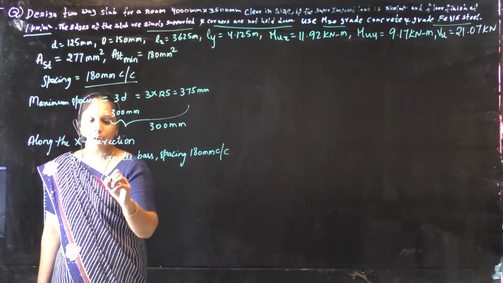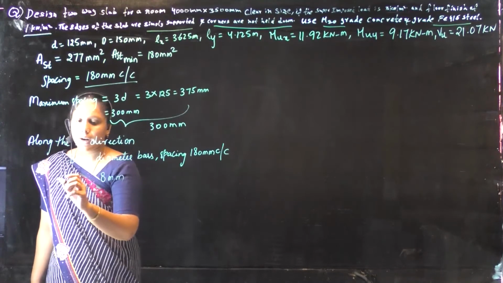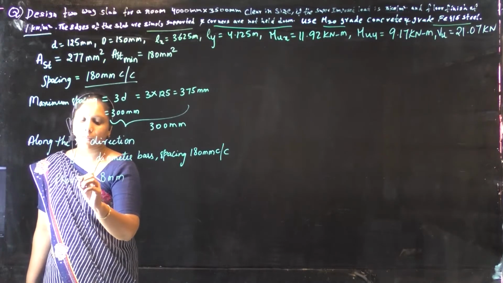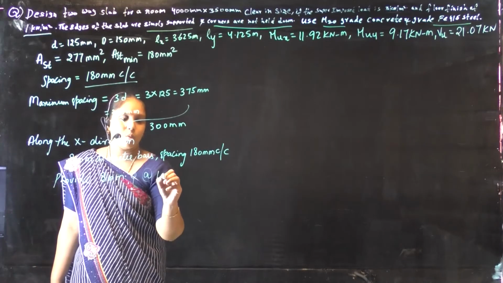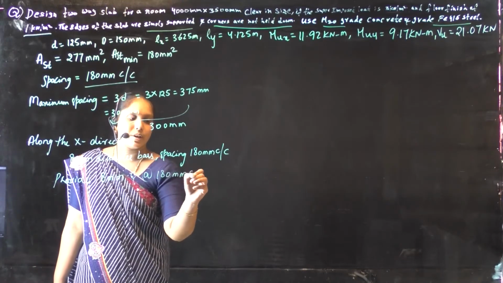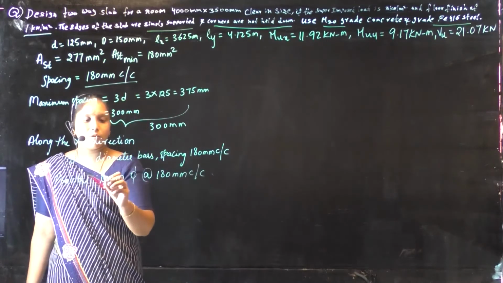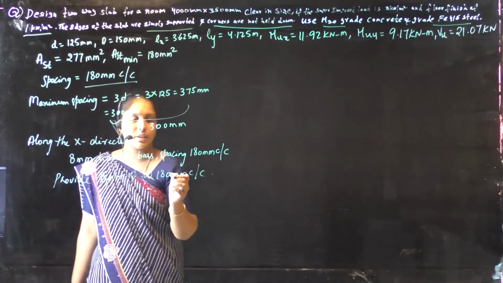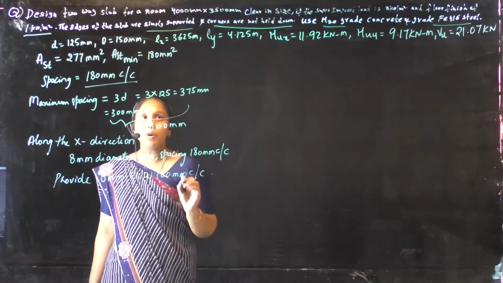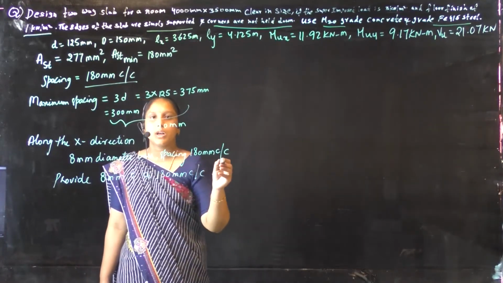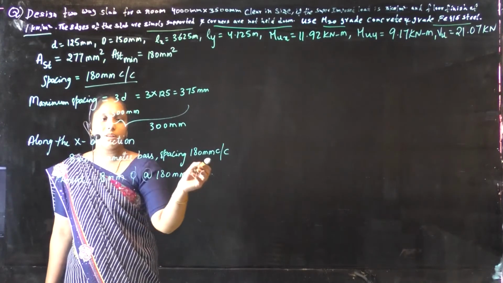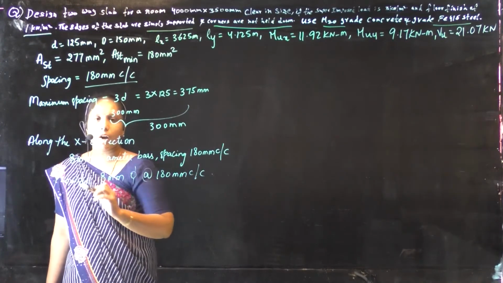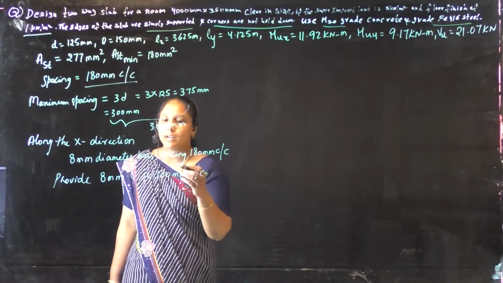In the other way you can also write: provide 8 mm dia bars at the rate of 180 mm center to center. This means you have to provide 8 mm diameter bars at a spacing of 180 mm center to center. This is the Ast you have to provide in the X direction.